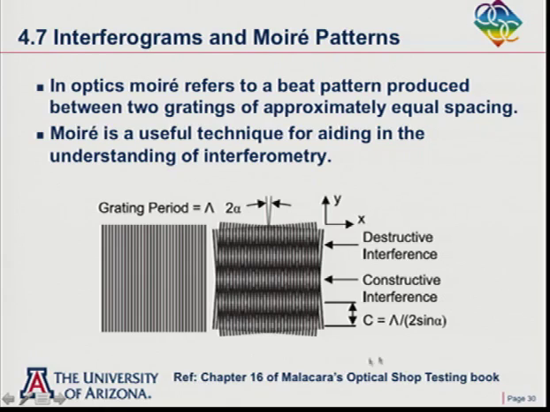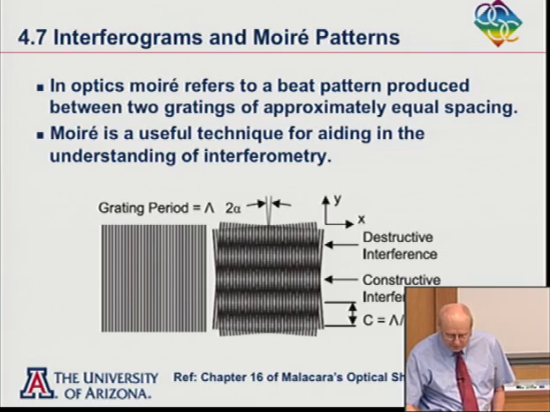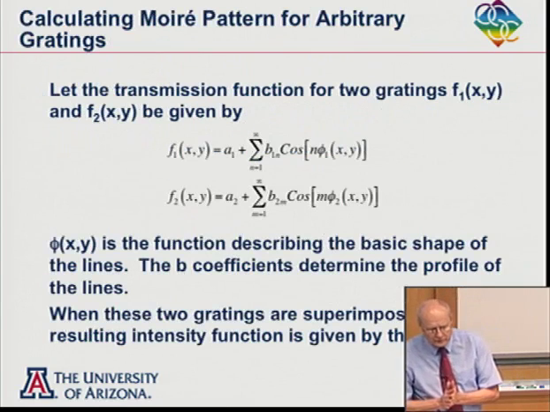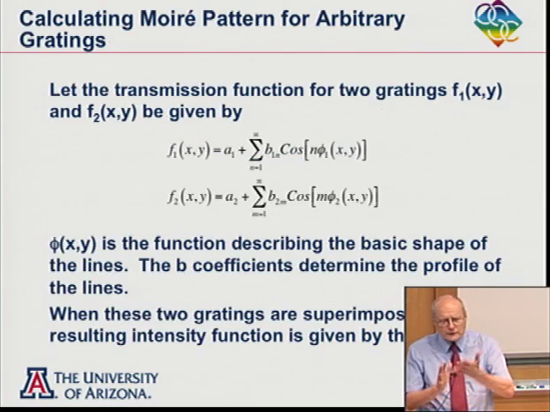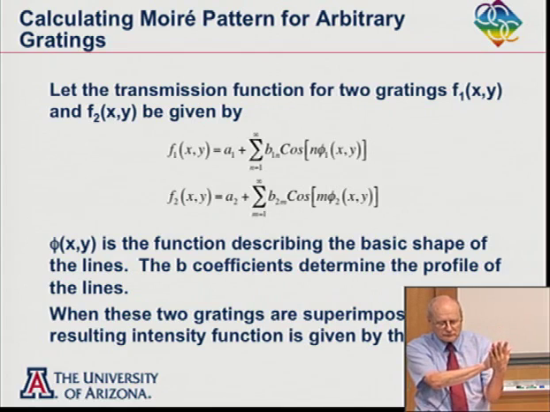We wrote some stuff up in chapter 16 of Malakara's book, and what I'm going to go through here is part of what we put in chapter 16. So when I think of these Moiré patterns, what I'm really doing is taking two sets of patterns, putting them against each other, and looking at the overall transmission.